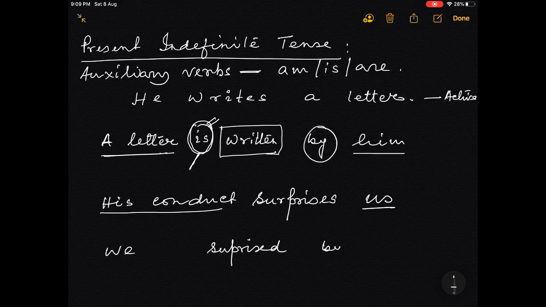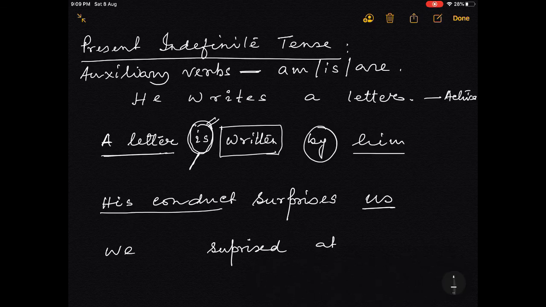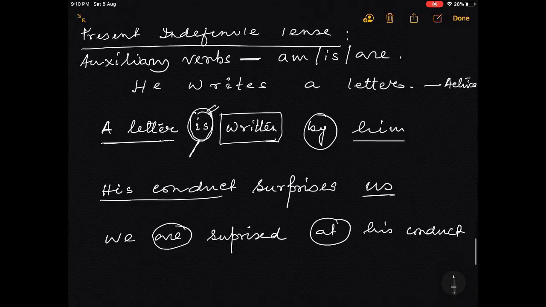By won't be here, it will be at. I told you then, at will come here. His conduct. So here will be one auxiliary verb, either am, is or are. You say which one? Are. We are surprised.